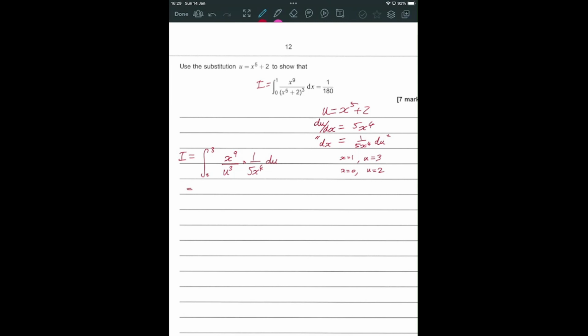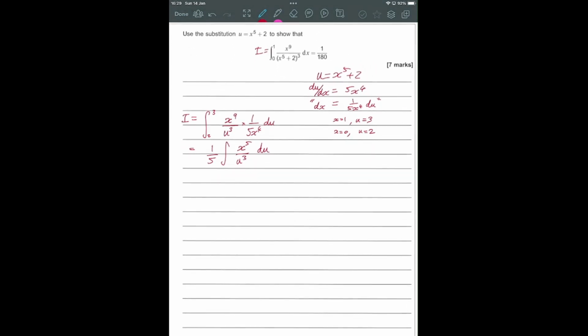There's a little bit of simplification to do here. I'm going to factor out the number, the fifth. I'm going to cancel a bit. And at this point, I'm a little bit sad. The whole point of substitution was to change all of the letters from x into u.